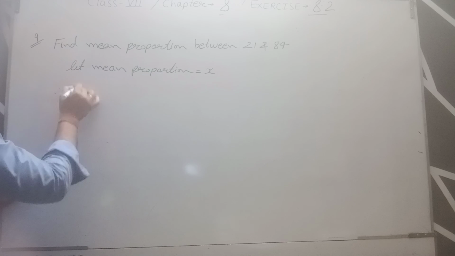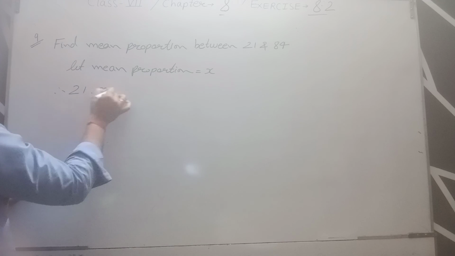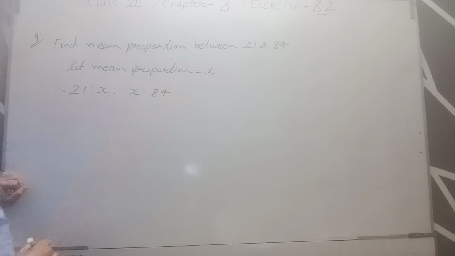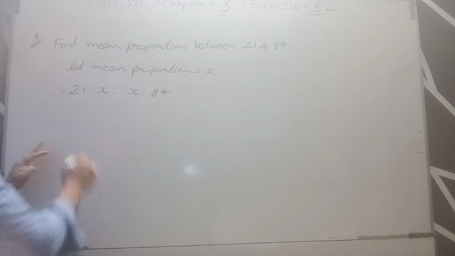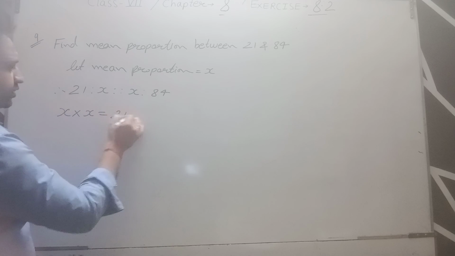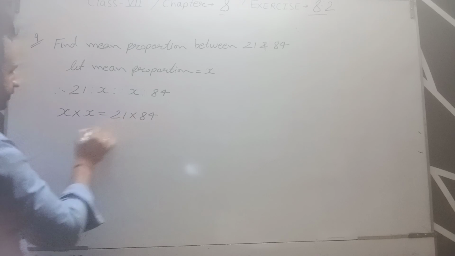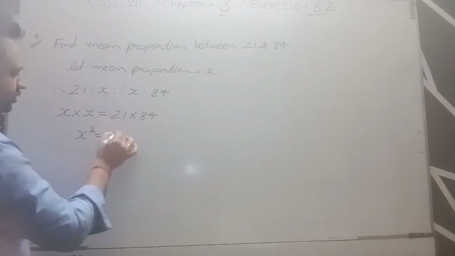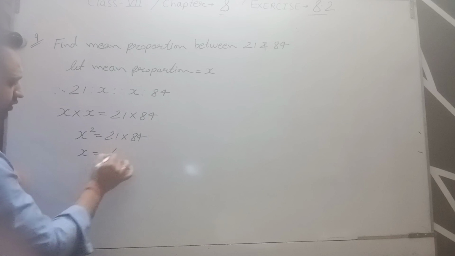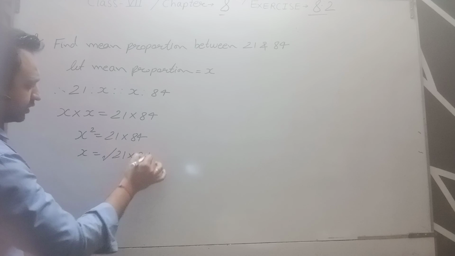So 21 ratio x proportion x ratio 84. And now use the concept again: product of means is equal to product of extremes. So x square equal to 21 multiply 84. x equal to under root 21 multiply 84.